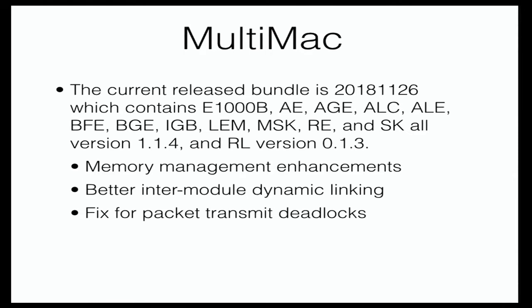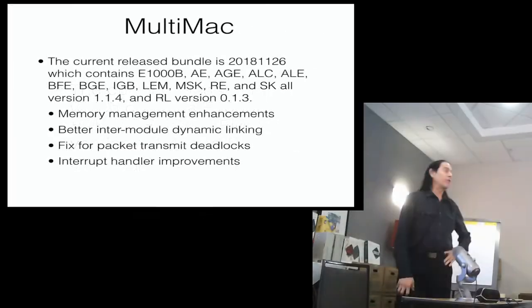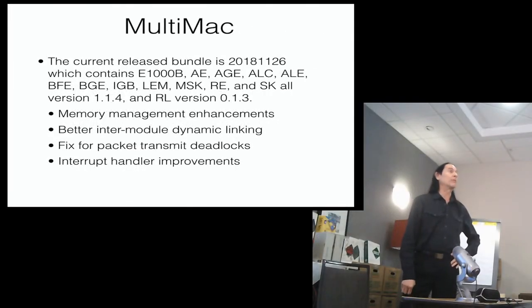There was a fix in here to fix deadlocks transmitting packets on fast computers. So anyway, these were some of the recent changes. There were also interrupt handler improvements, because one of the major differences between FreeBSD and OS2 is the way interrupts work. So there's a lot of massaging of the interrupt handlers in my code to make Multimac work.